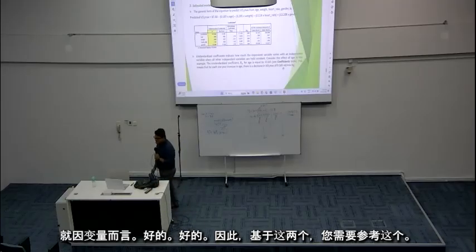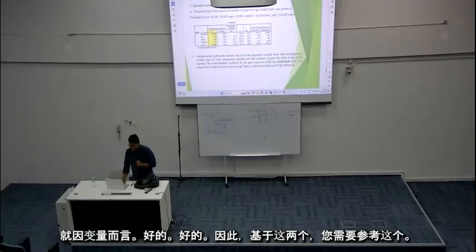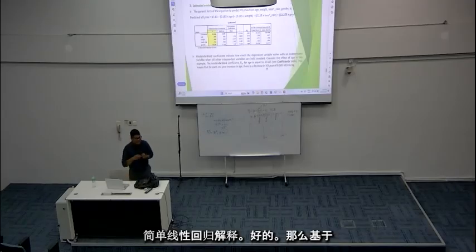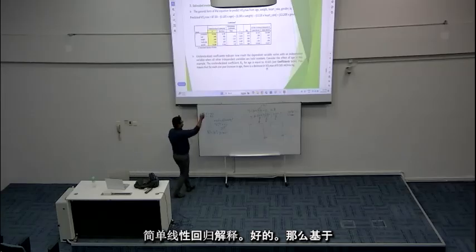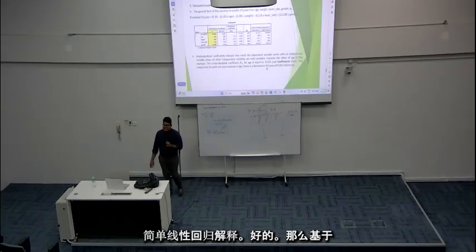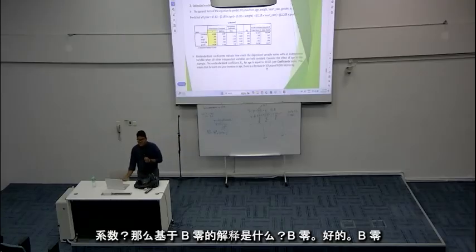Based on these, you need to refer to this and also to the simple linear regression. Check the simple linear regression interpretation. So what is the interpretation based on the coefficient, and what is the interpretation based on B naught?